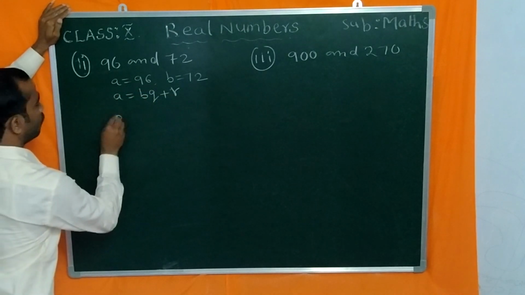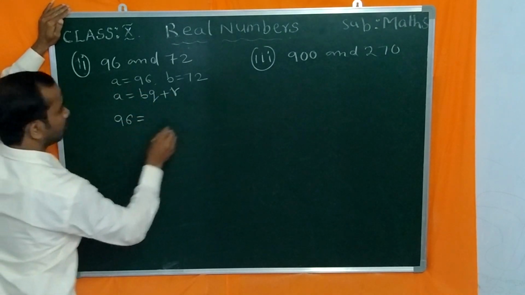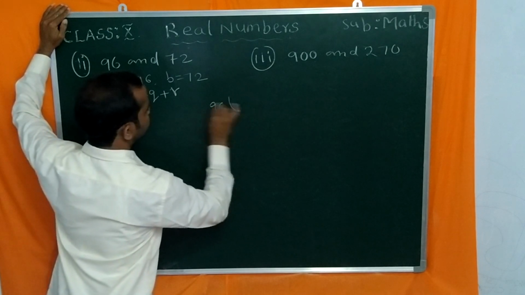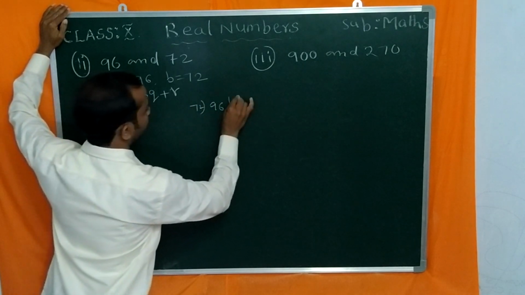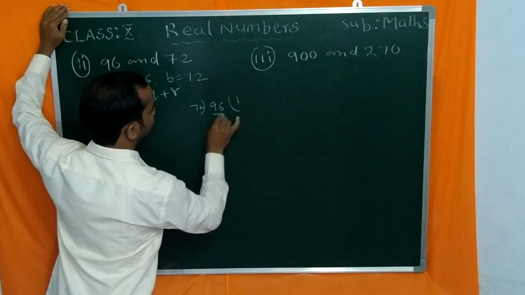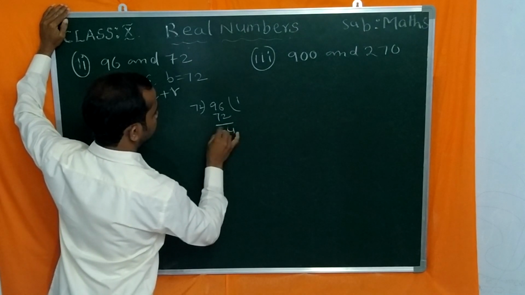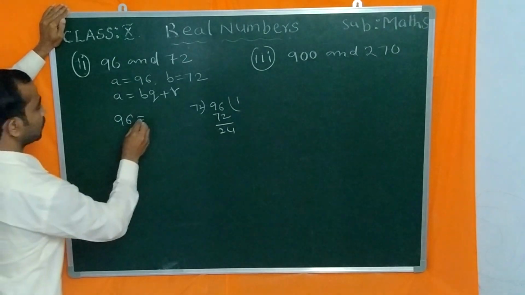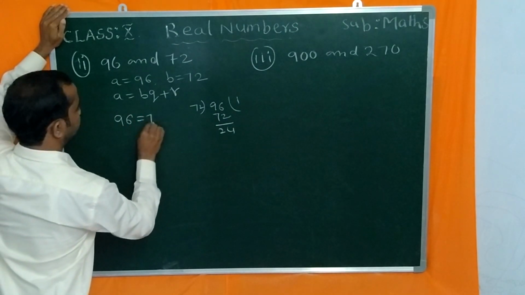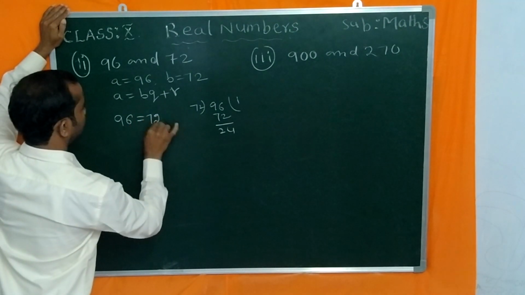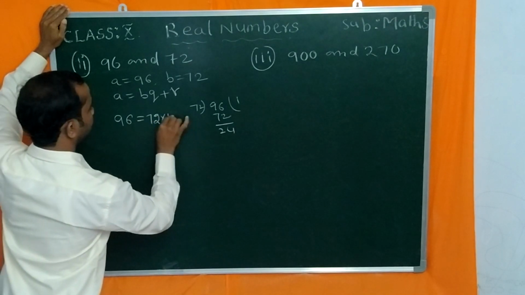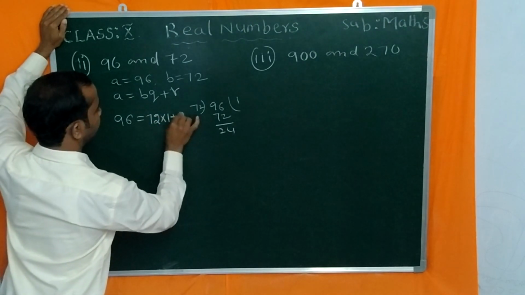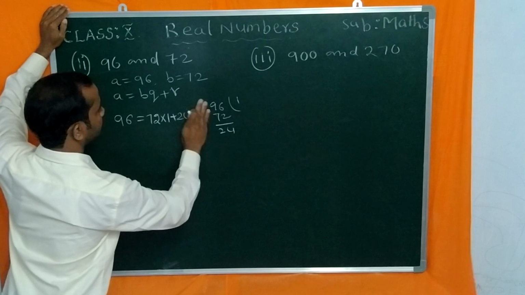Here a value 96. 96 is divided by 72. 72 ones are 72. Remainder 24. So 96 equals 72 into 1 plus remainder 24.